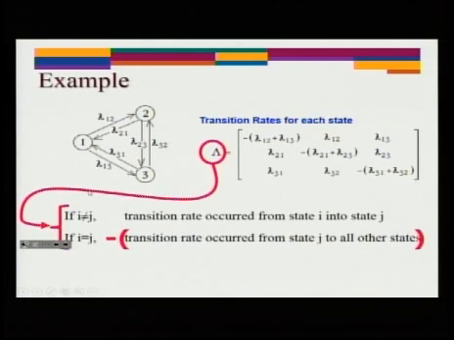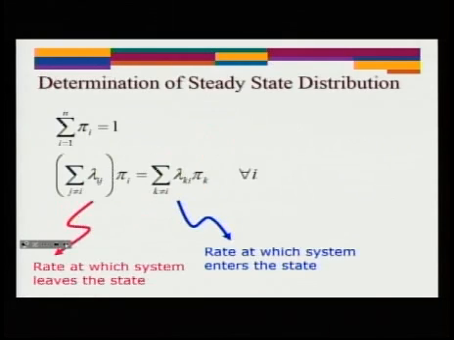And we use this matrix for balance equations, right? For a continuous time Markov chain, the steady state distribution is computed by solving this system of equations. But this linear system of equations is also linearly dependent, so keep in mind that one of the equations has to be removed.